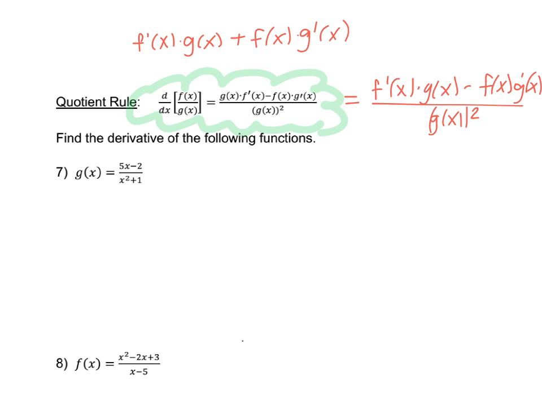All right, so first function here, g of x, 5x minus 2 over x squared plus 1. So the derivative of g, going back to our formula: the derivative of the numerator, which in this case is just 5, times the original denominator. So g of x is this denominator, so that would just be x squared plus 1.